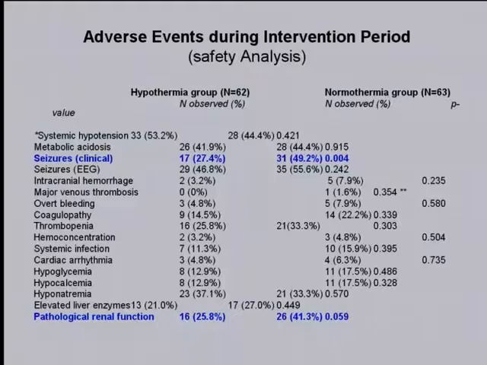This indicates hypothermia has also positive effects in terms of having less clinical seizures in those who are cooled, and also having less renal failure in those who are cooled.